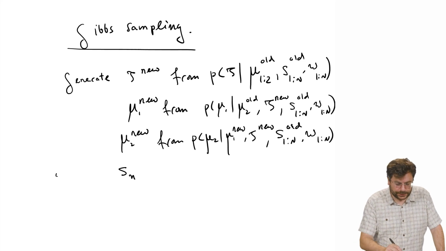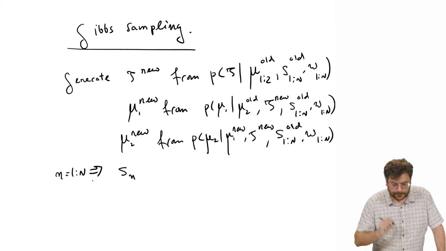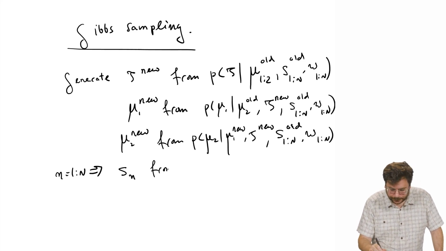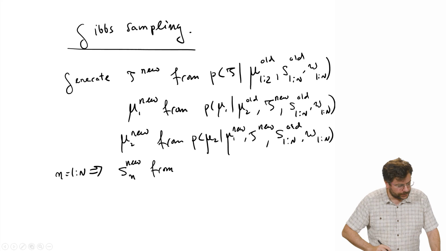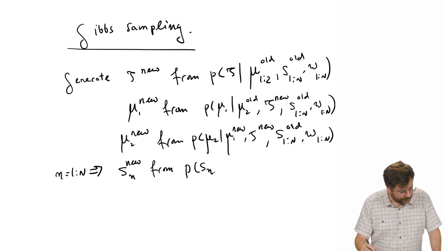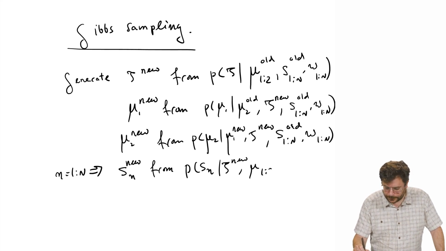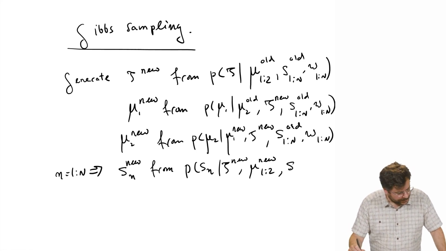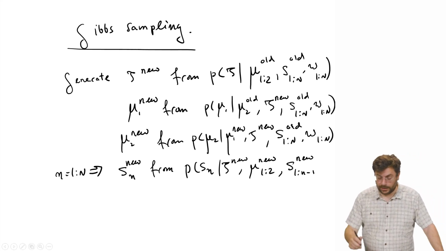And finally, we have to do this for n from 1 to n, Sn, let's call it nu, from P of Sn given tau nu, mu1 to 2 nu, S1 to n minus 1 nu. We assume that we've updated all of the previous S's.